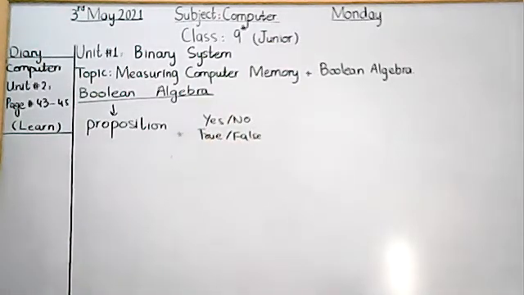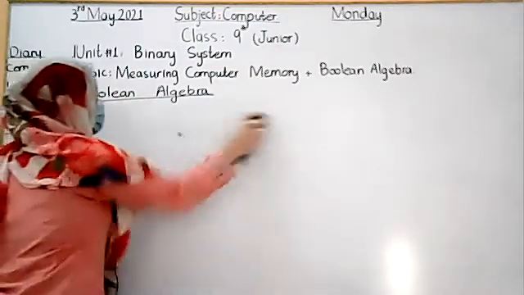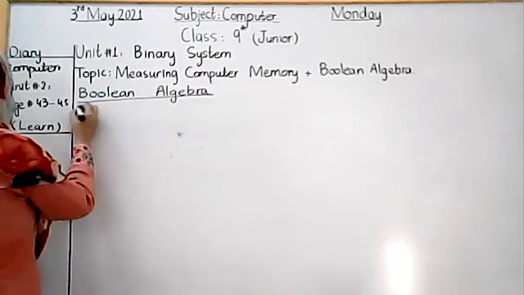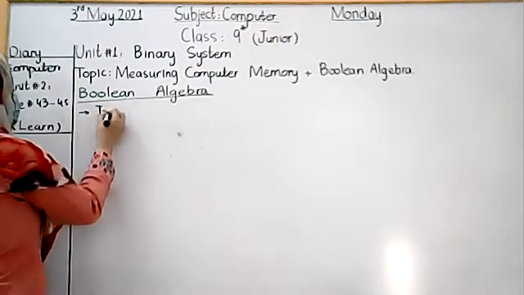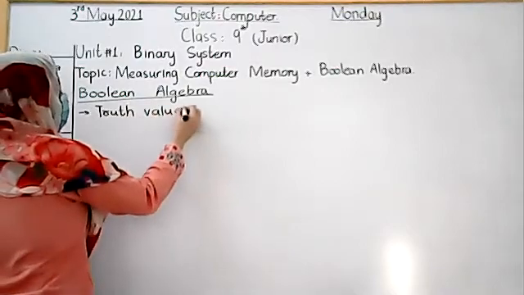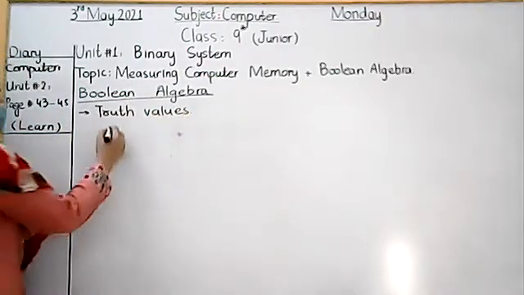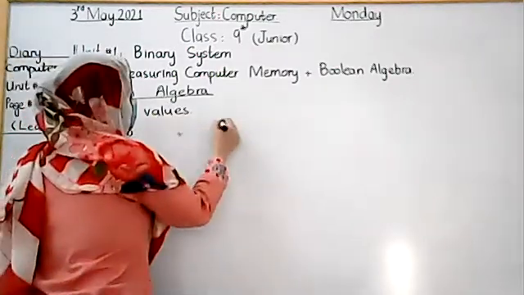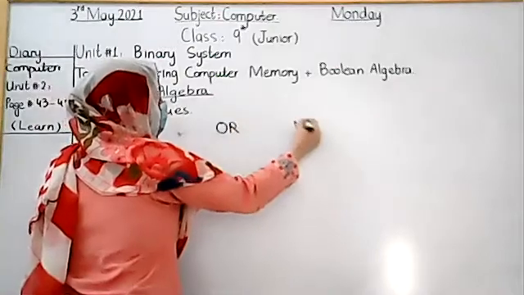Okay. First of all, we will go about the truth values. So we can define the truth values with 3 operators. Truth values, and we can say AND, OR, NOT.